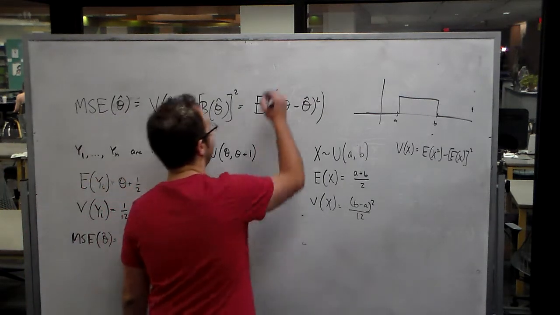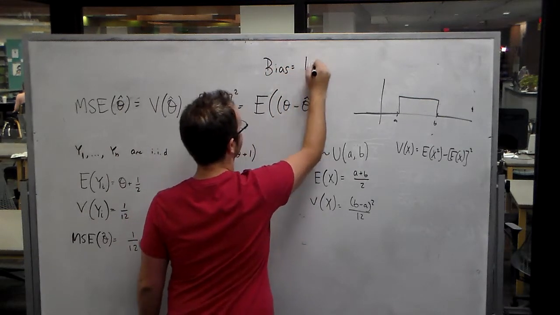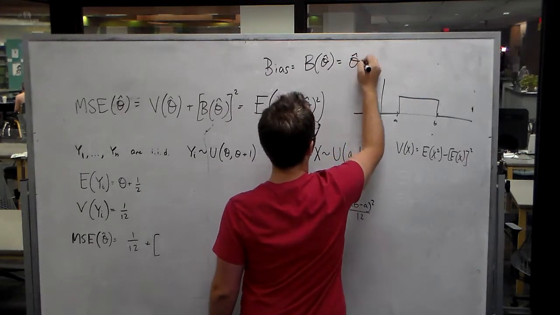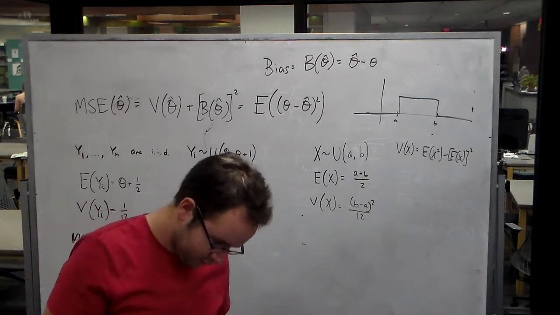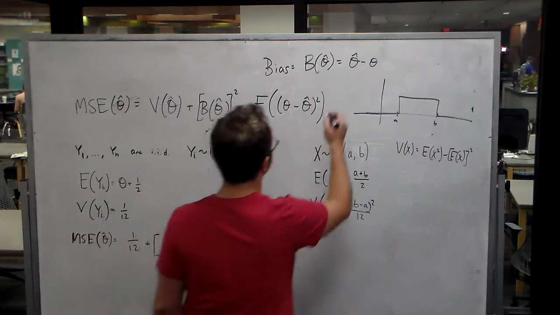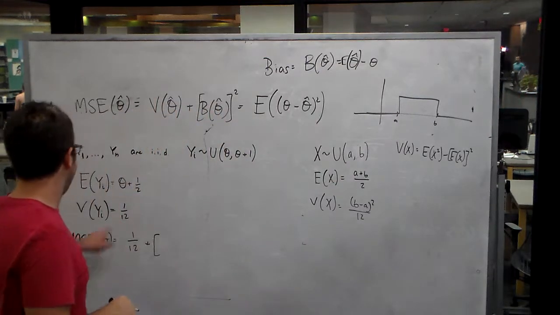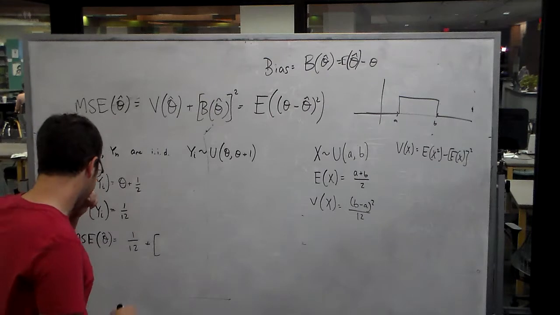Another point we might write down: bias. Is that right? Am I missing something? What's the expected value of theta hat? We found it to be theta plus 1/2.